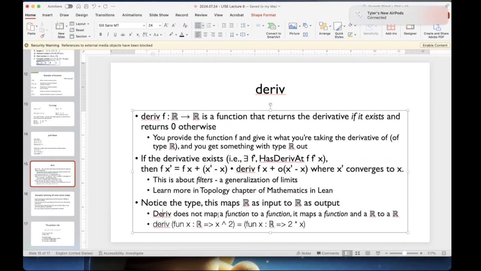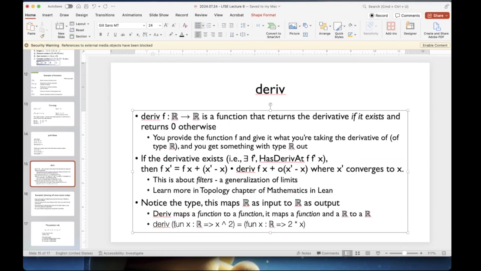Oh, yeah, that's a good point. I should update this slide. I think you are very correct. Guest with username A. Okay. Yeah, you're right. This would be mapping a function to a function.